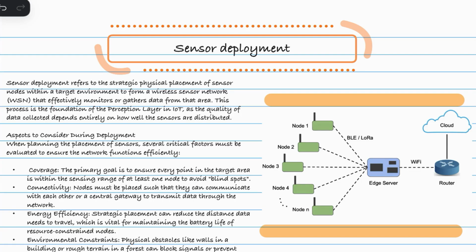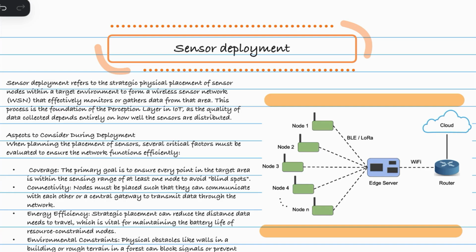Sensor deployment refers to the strategic physical placement of sensor nodes within a target environment to form the wireless sensor network. It is an absolute bedrock of the perception layer in IoT. Why? Because the quality, accuracy and truth of the data collected by your network depend entirely on how your nodes are distributed across space.